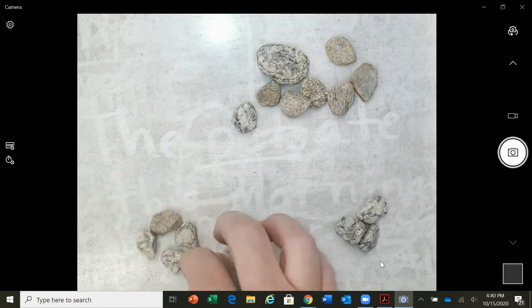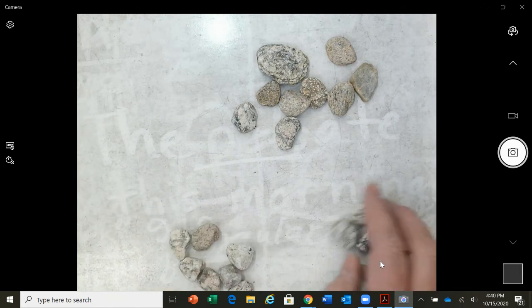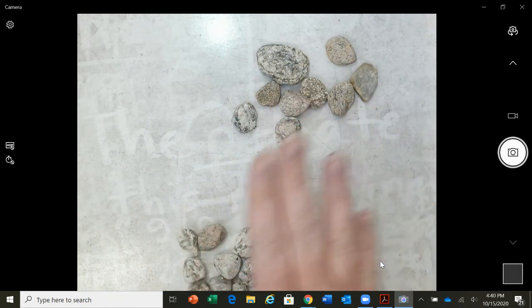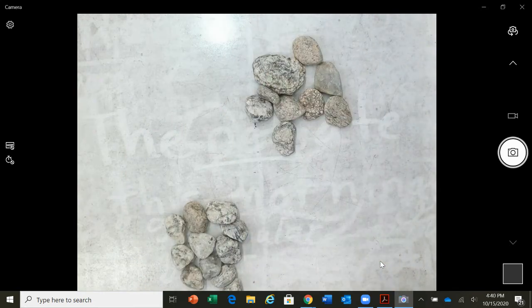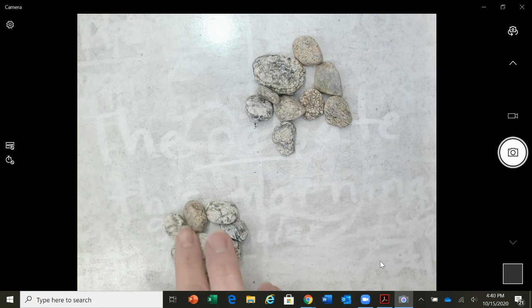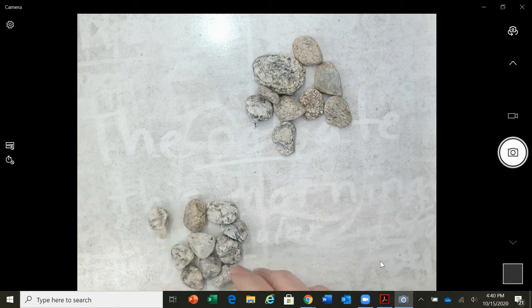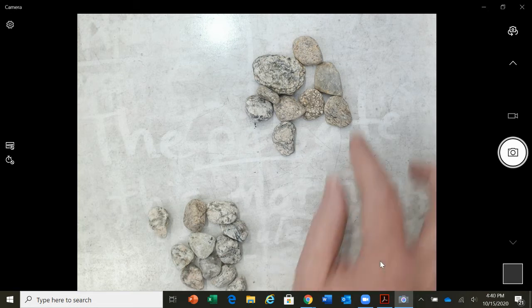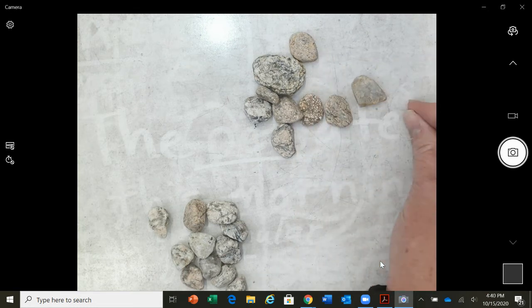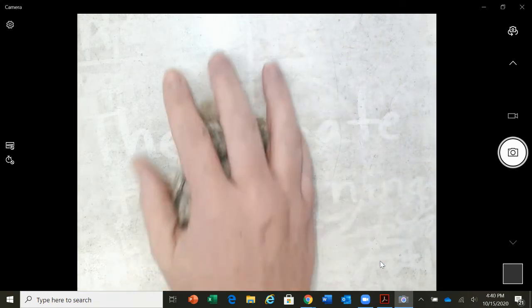These guys are more round, that one's flat, more round. So we have flatter rocks and rounder rocks. I could also sort by the ones that are more circular, as opposed to the ones that have jagged edges coming out. So I can sort by shape, okay?